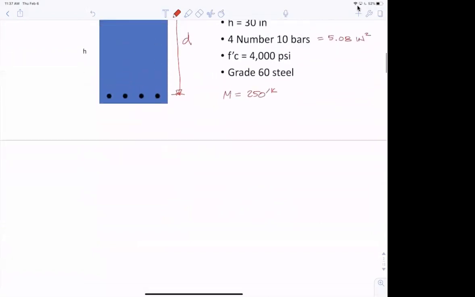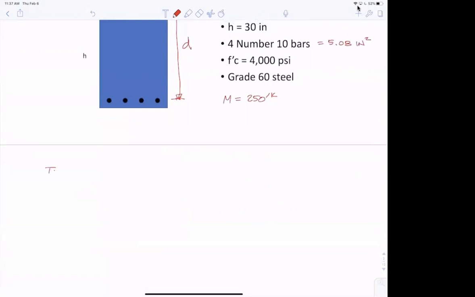Okay, so Mn, so remember T is just Fy As, so 5.08 times 60. That is 304.8 kips. T equals C, solve for a. So remember C is 0.85 f'c b times a, and that'll equal T, which is Fy As.